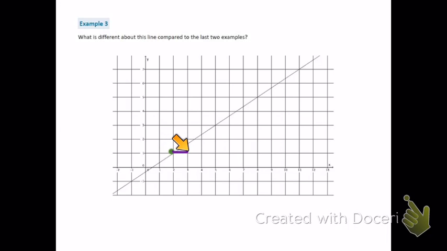The problem is, even if I move this down to the origin where I can read it, I can't tell. Based on the units on this graph, I cannot tell what that number is.